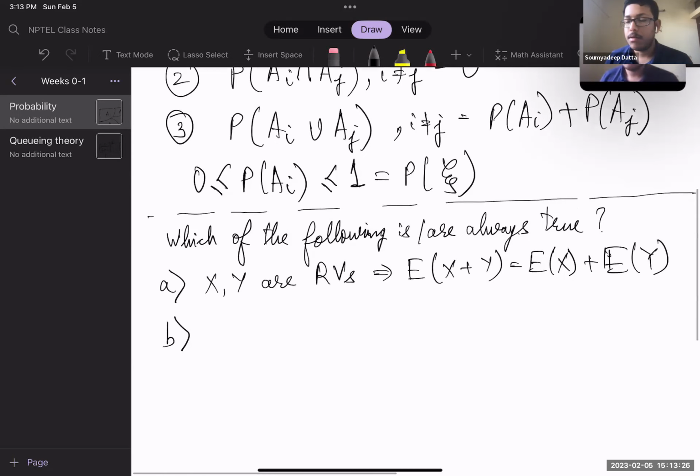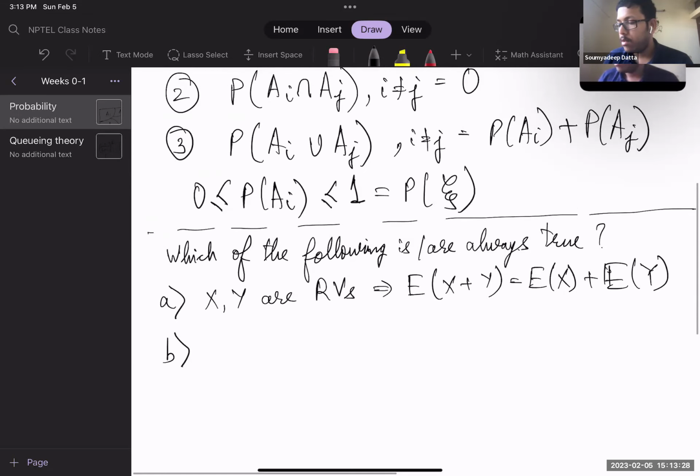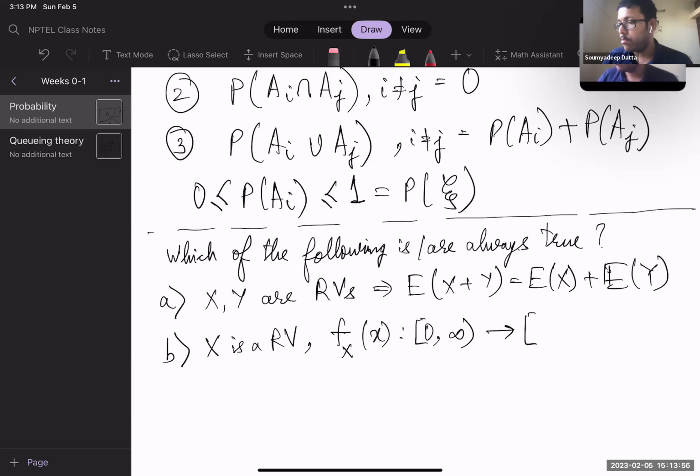Second is, let's say X is a random variable, where the PDF of X is a function from the domain, like it has an infinite domain, and it also maps to positive values.